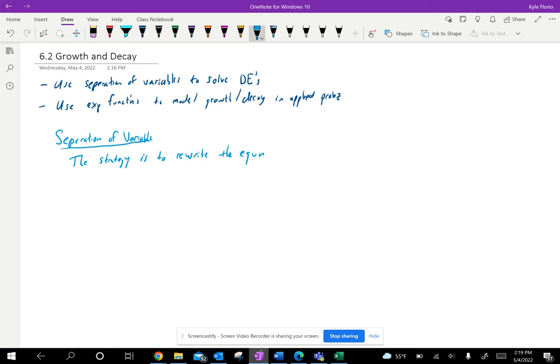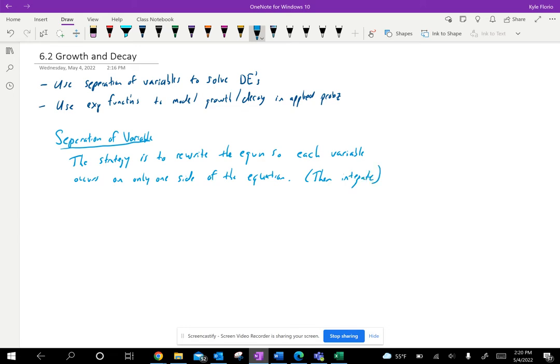So we write the equation so each variable occurs on only one side of the equation. We're only going to use this technique once this time, but more so in 6.3. And then we integrate both sides.